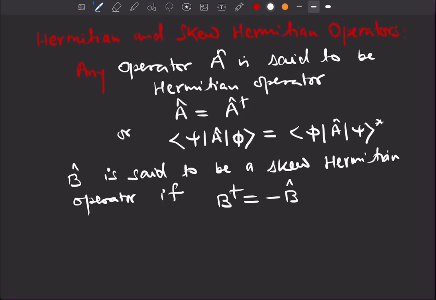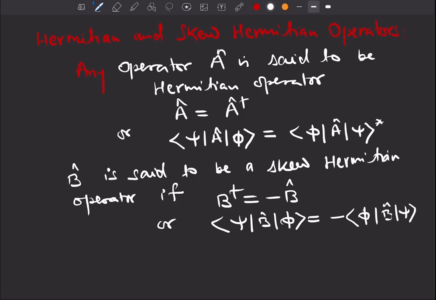Therefore, also bra psi B ket phi is equal to minus bra phi B ket psi complex conjugate. So we see here that in the case of a skew Hermitian operator, we are getting the negative sign. It is not equal to its adjoint.